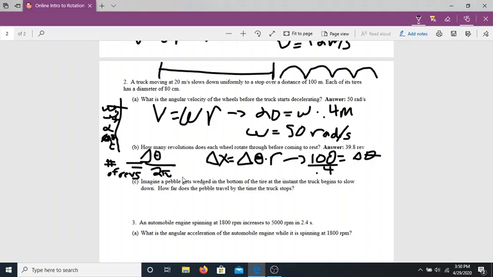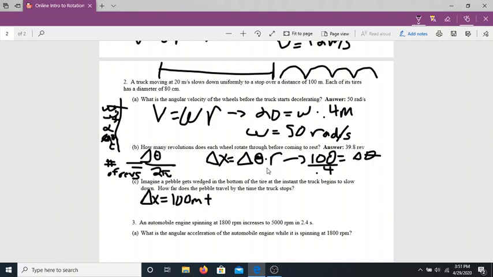Now, that means that the delta x, the total distance this thing travels, is going to be equal to the 100 meters of the first one plus something else. And what we can do is, once again, go back and look at this.